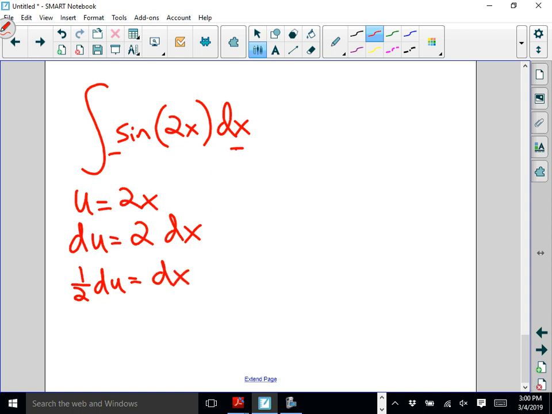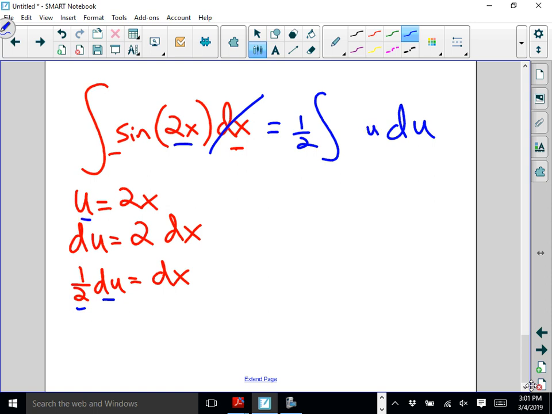So, look at my new integral. Again, I put my half at front, I put my du at back, and that accounts for dx. That 2x is going to be subbed in for a u, and this is going to say sine u.